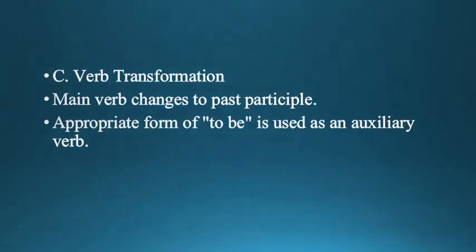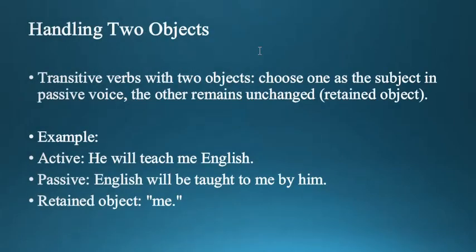Okay. And the next one is handling two objects. So see, if a sentence has two objects, then what will we do? This is the main concern. We have transitive verbs with two objects. When transitive verbs occur in a sentence, we can transform it into the passive voice. And if it has two objects, which object will we choose?